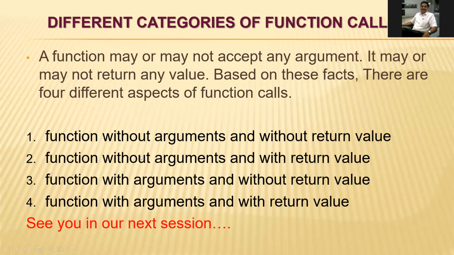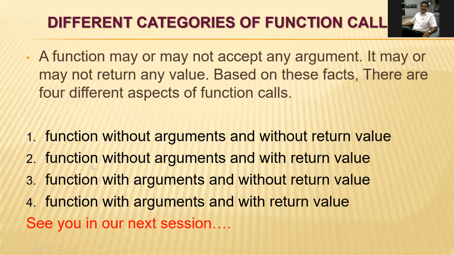The first category is functions without arguments and without return values. There may be at least two functions, but we are not passing arguments, and we are not passing return values from the calling function.